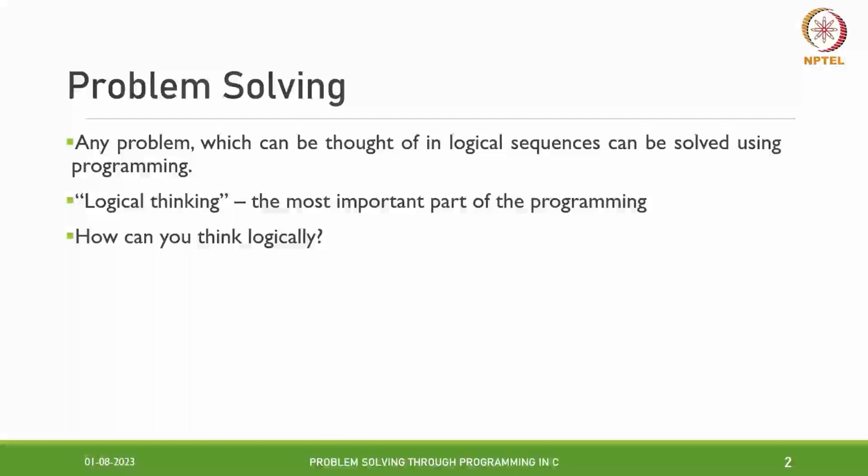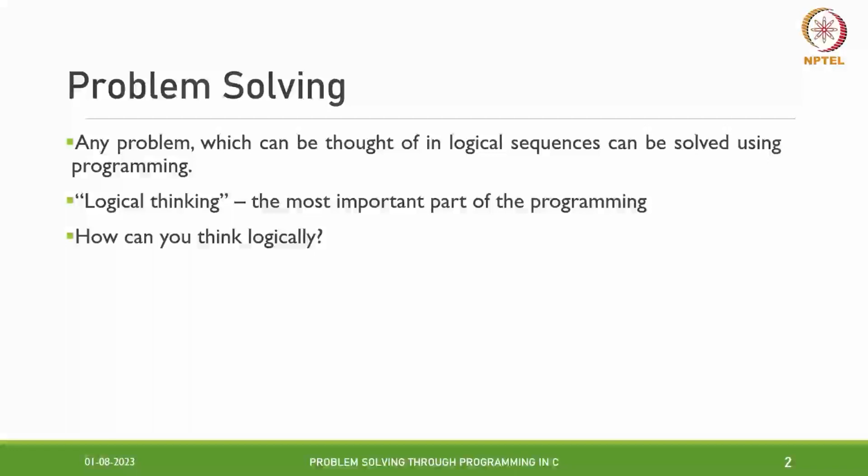Let's say a common life problem would be, I want to buy something from the market. I have to first reach whatever shop it is in, I have to buy that stuff, and I have to return back. Just as an oversimplification, there are three steps that need to be followed.